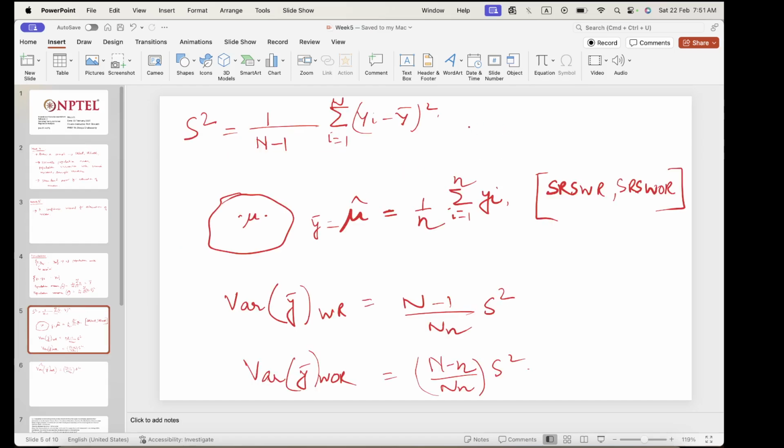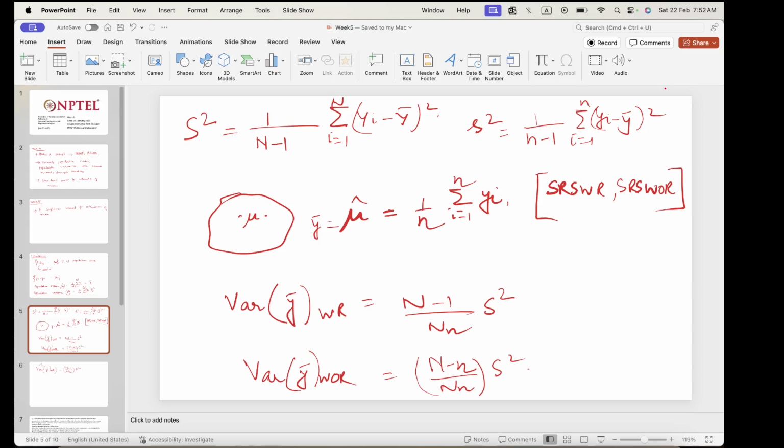And how is small s square defined? It is the counterpart of capital S square. So it would be 1 by n minus 1 summation i equal to 1 to n yi minus y bar whole square.